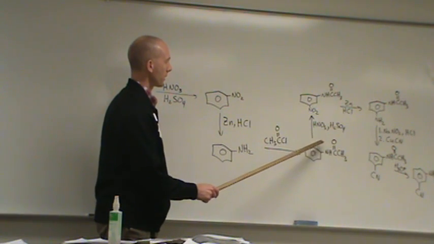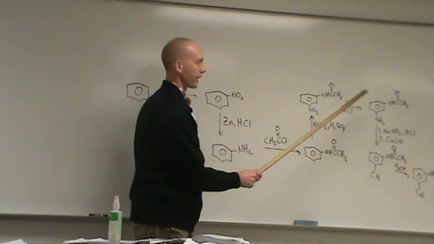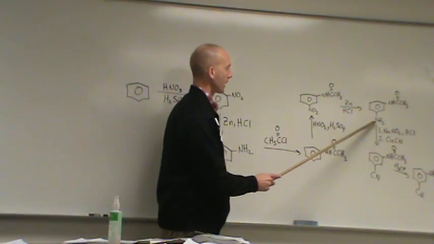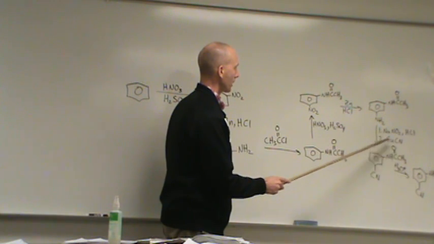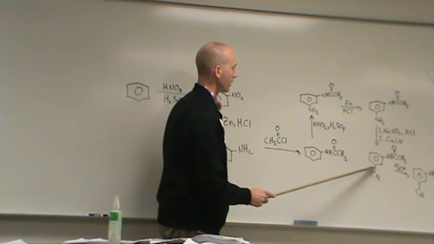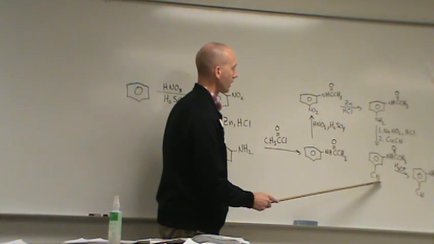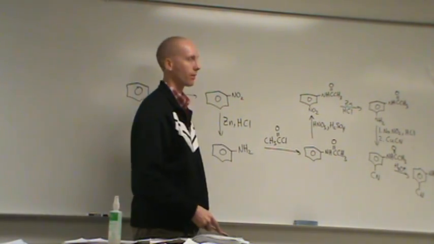But I'll use this to put on another nitro and convert it to NH2, so that now only this NH2 converts to the diazonium salt, and then a substitution reaction with the CN puts that on, and then I can deacylate and get that thing back there.